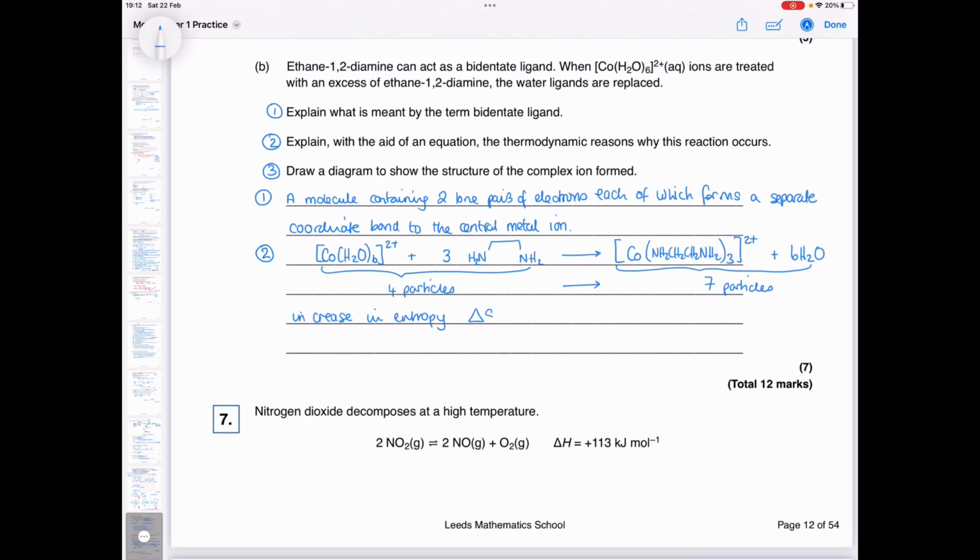So delta S is positive and delta G equals delta H minus T delta S, and so delta G is negative. So the reaction is spontaneous. And finally we need the diagram of the ion that's formed.